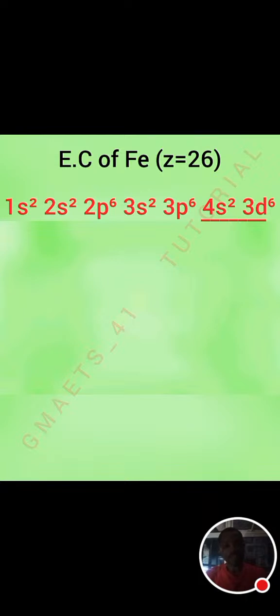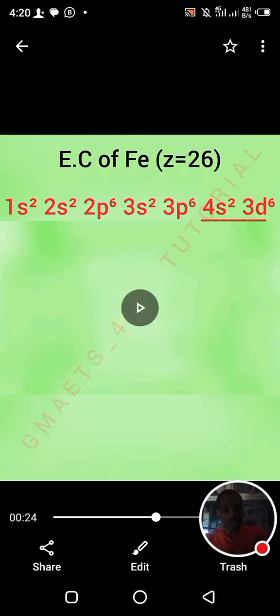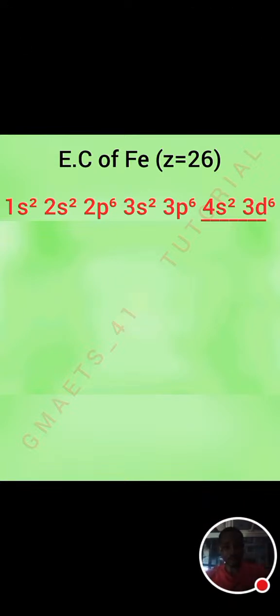Now, let us apply it to our electronic configuration. I would like us to look at this particular one showing, which is for iron. What is the group of iron in the periodic table?